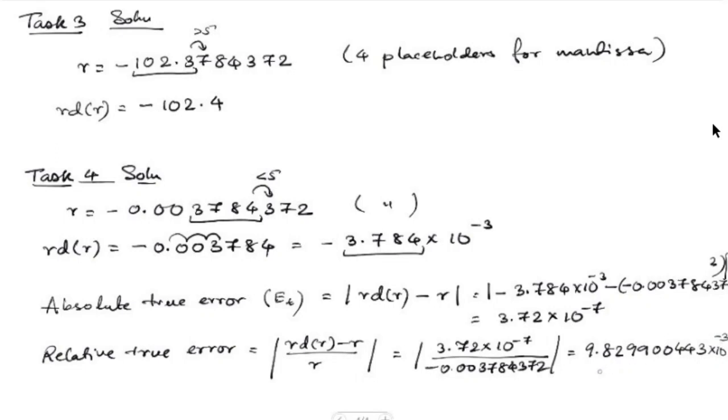And here we'll have only 4 placeholders for the mantissa, so we'll take the first 4 significant digits and then check the next one. It is greater than 5, so we'll add 1 to the 9, and that 9 will now be 10. So we have a 0 for the 9, and a 1 will be added to the 2, giving us 3 here, and then we have the 8.9 here times 10 to the power minus 3. So that's how you get 9.830 times 10 to the power minus 3 for the 4 placeholders given to us for the magnitude of the mantissa here.